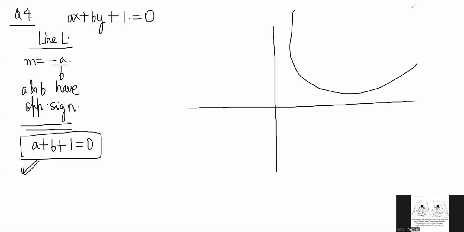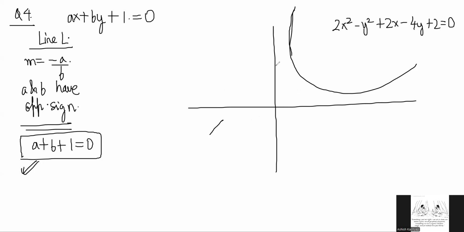The curve equation is 2x square minus y square plus 2x minus 4y plus 2 equals 0. And what they are asking us is information about if this line is cutting the curve twice.